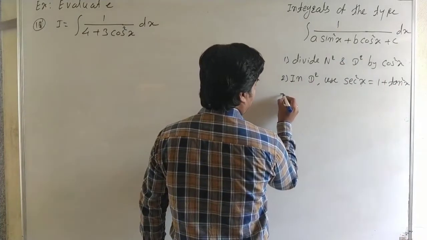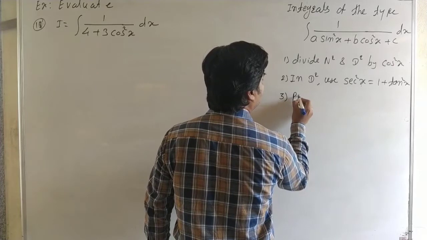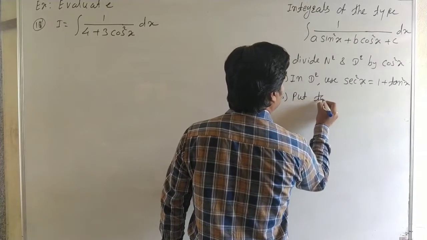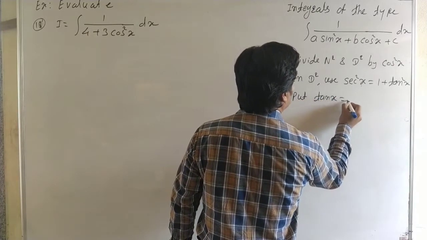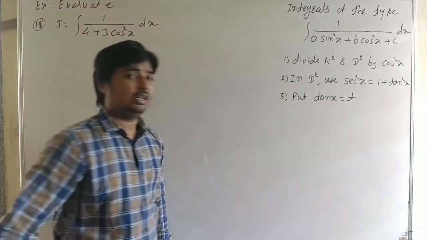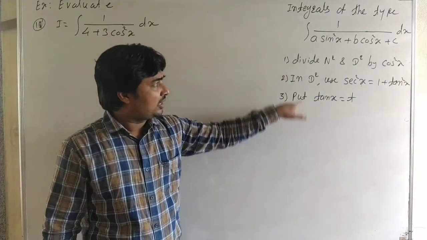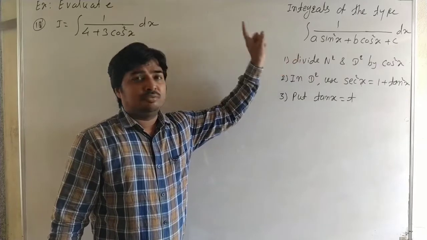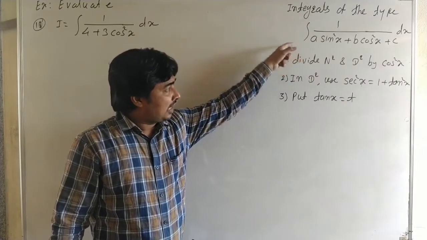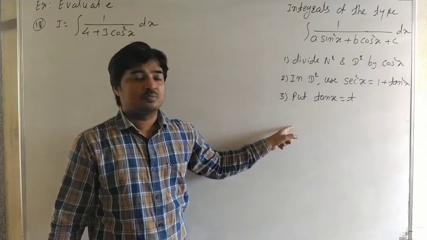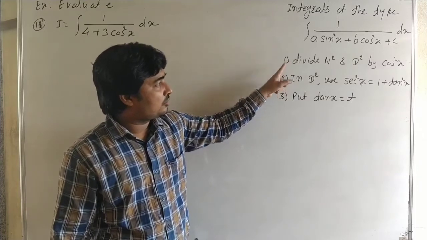And the third step, put tan x is equal to t, that is the substitution. See carefully: if the example is of this type, then apply these 3 steps. Divide numerator and denominator by cos square x.